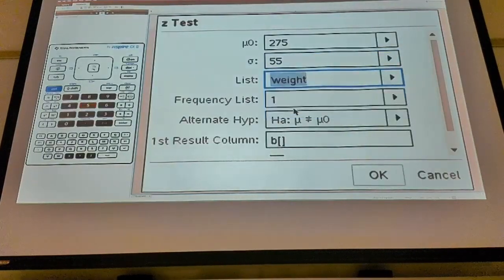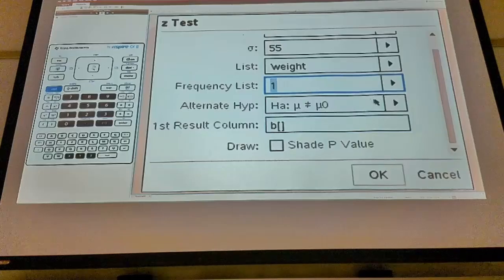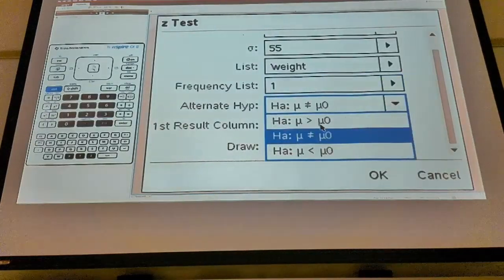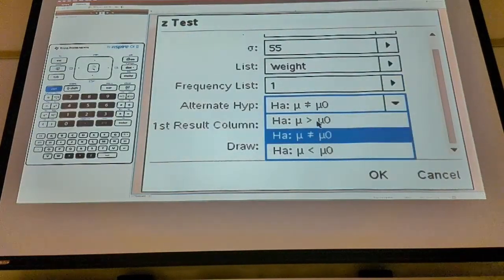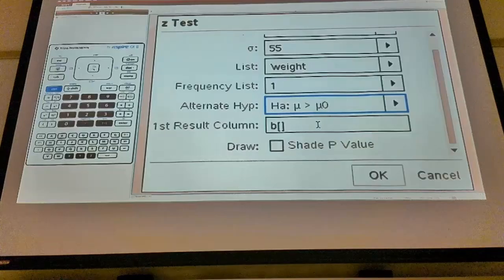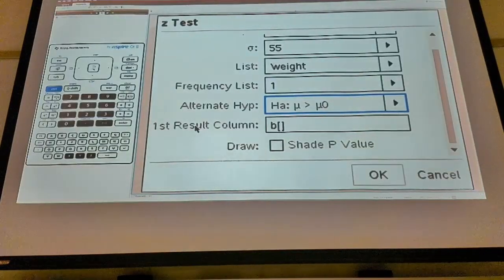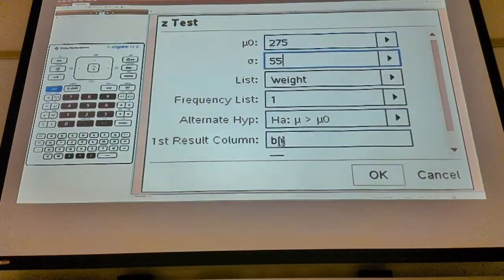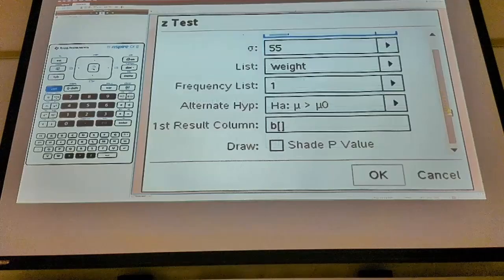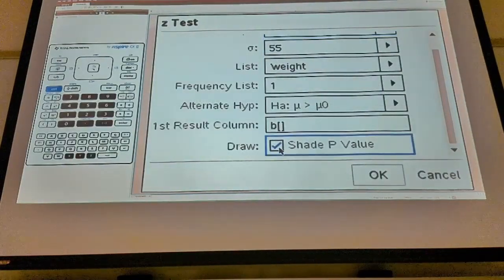List, weight, frequency, I'm just going to use 1. And we were doing mode, greater. And where do I want the results to go? That's fine. Do I want to show the p-value? Sure, why not? Let's see what that option gives us.